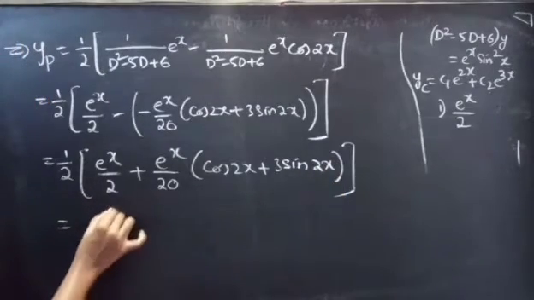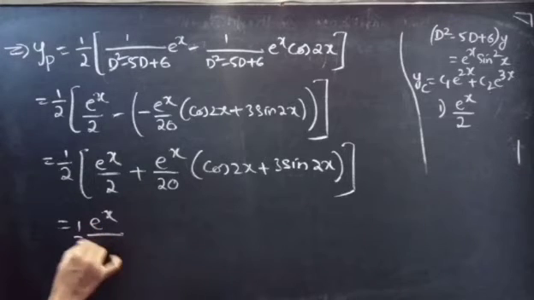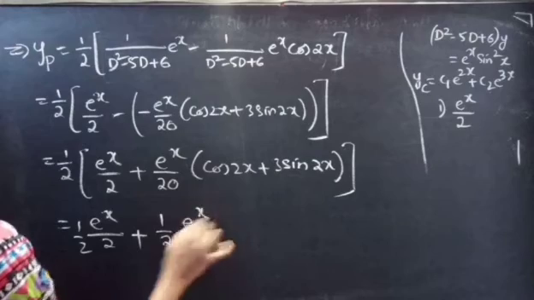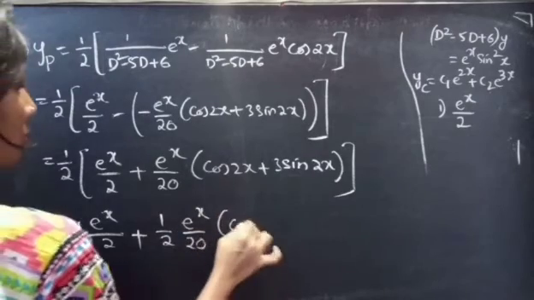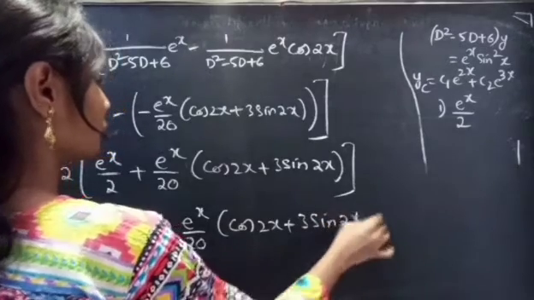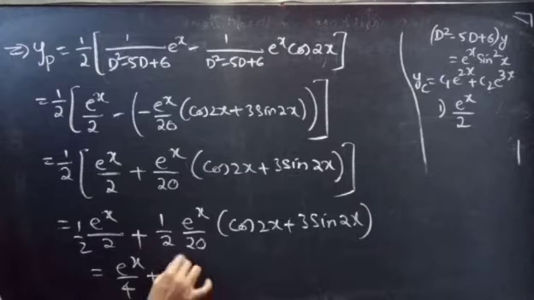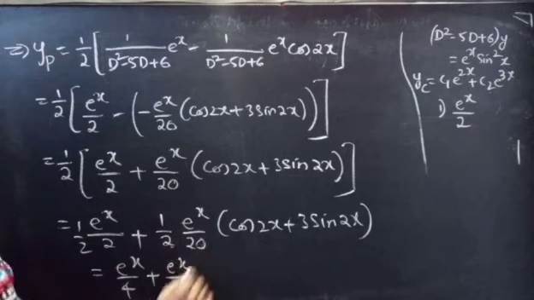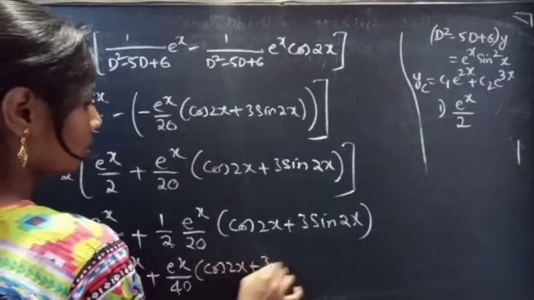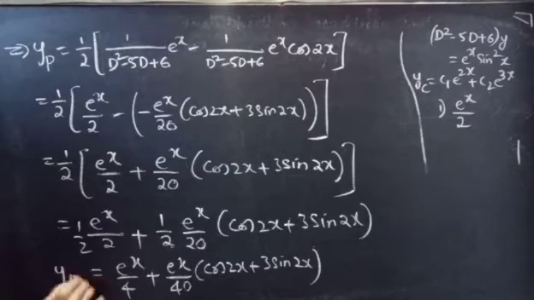This becomes e power x by 4 plus e power x by 40, since 2 into 20 is 40, into cos 2x plus 3 sin 2x, which is our required yp.